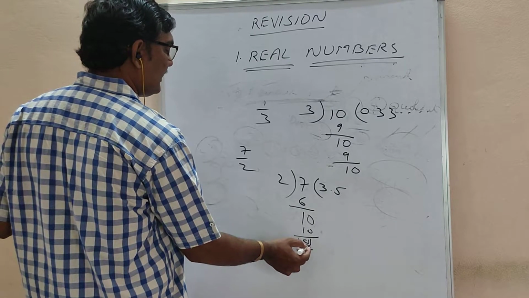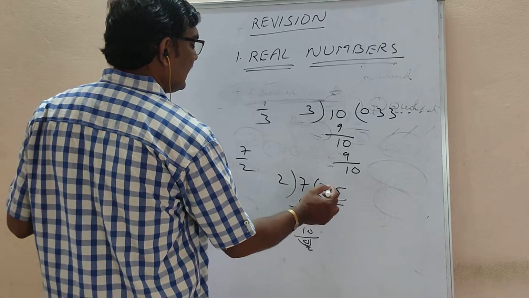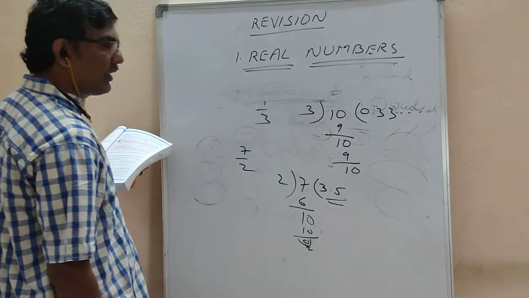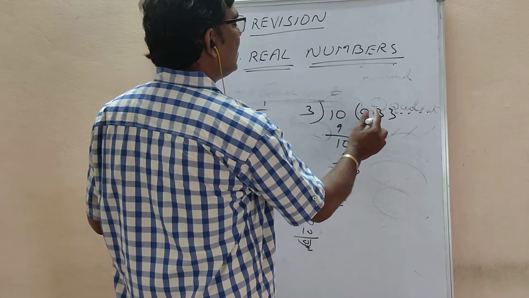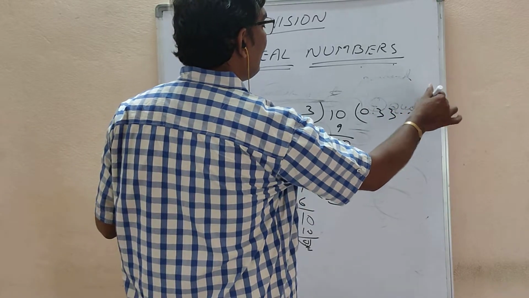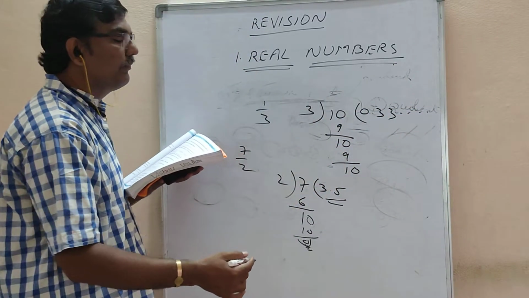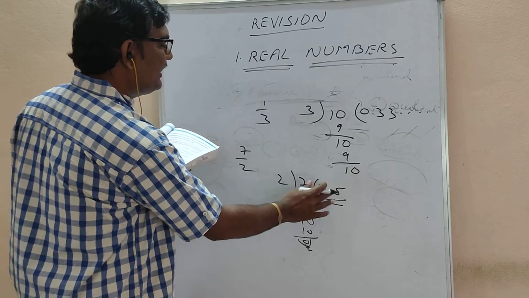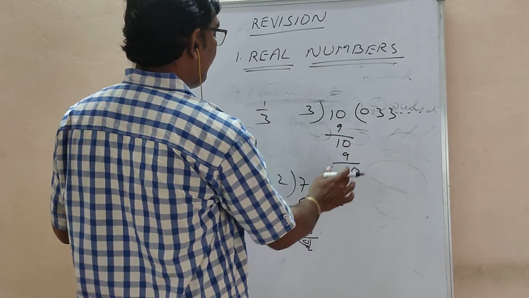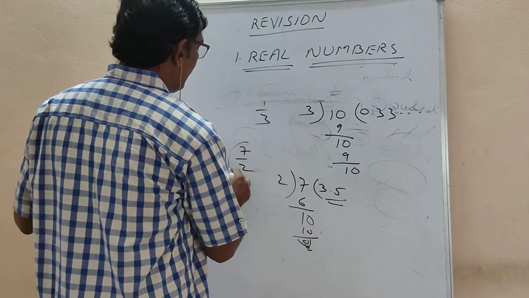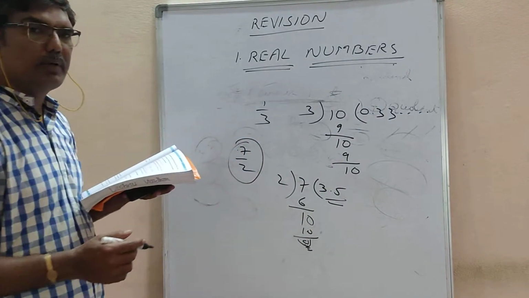If you got remainder 0, you can say that the decimal terminates. Terminates means it has an end. Here the decimal form does not have any end, it keeps on repeating. Here the decimal form is ending. So if the decimal form ends, this is a rational number.